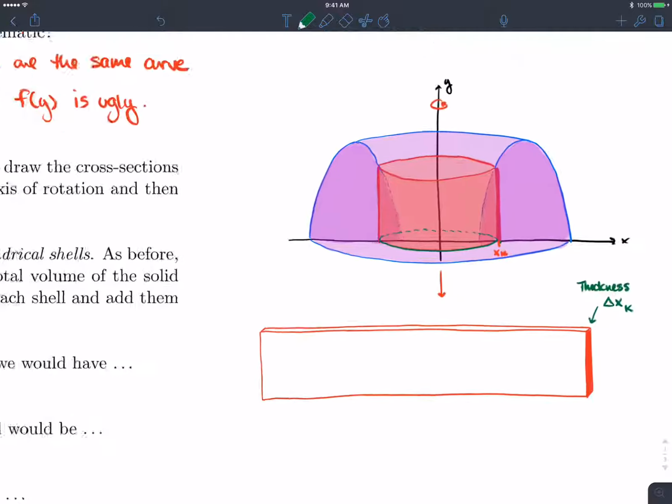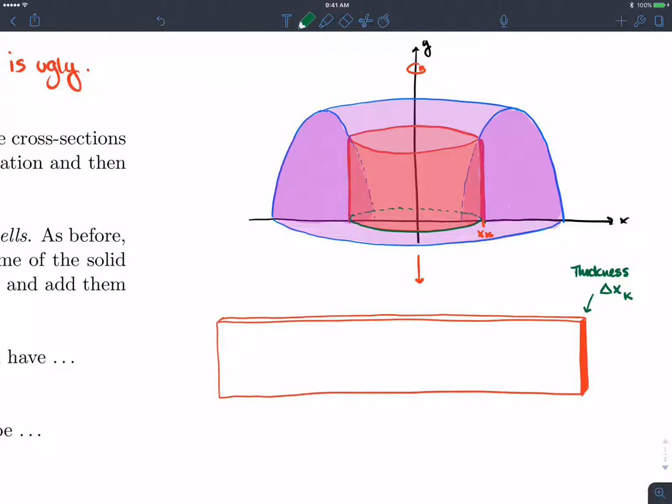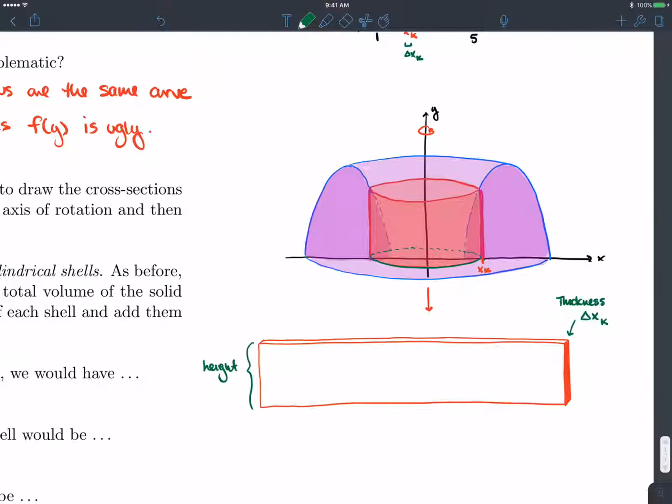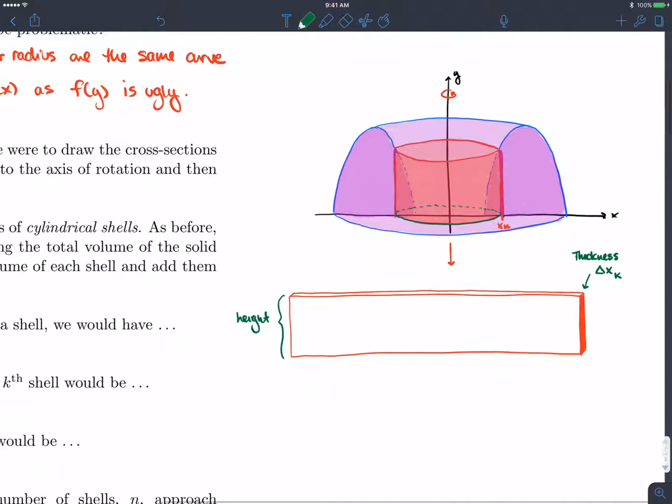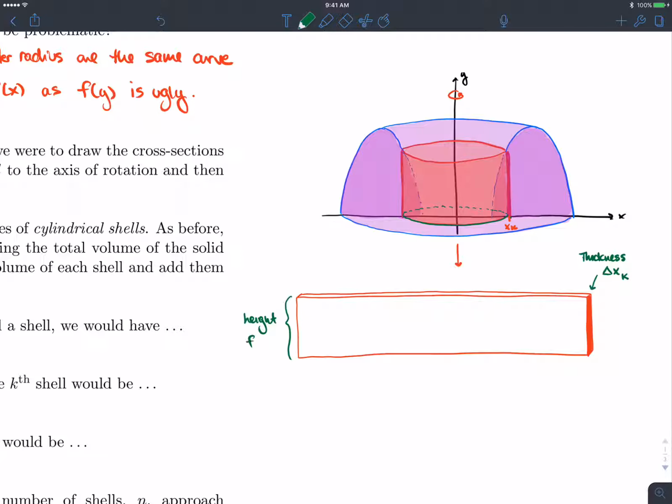All right, so we've got the thickness of our rectangular box. Now the height of this rectangular box. Think about what determined the height of that cross section. It was the point where it hit the curve, the distance from the x-axis to the curve. So we're just going to call this f of x sub k, the value of the function at that particular point. So the height is f of x sub k.